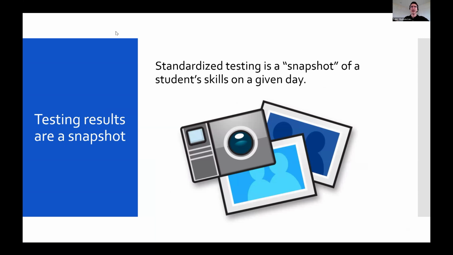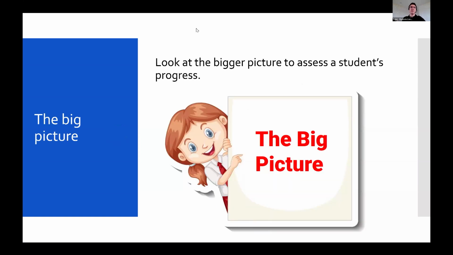It's also important to keep in mind that standardized testing is really a snapshot of a student's skills on a given day. And it's not necessarily an overall picture of everything that's been going on for the past year. And that's important to keep in mind. Looking at the bigger picture to assess a student's progress will give you a much more accurate picture of how they are doing and progress they're making.